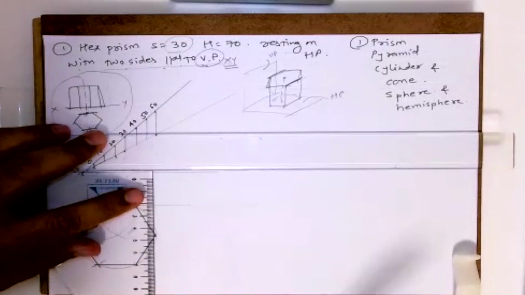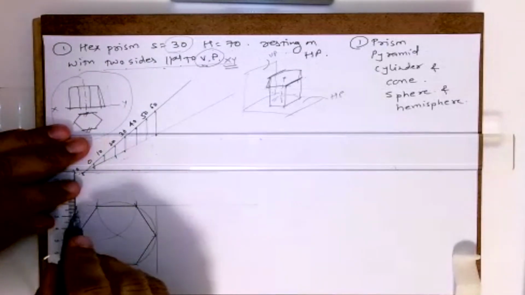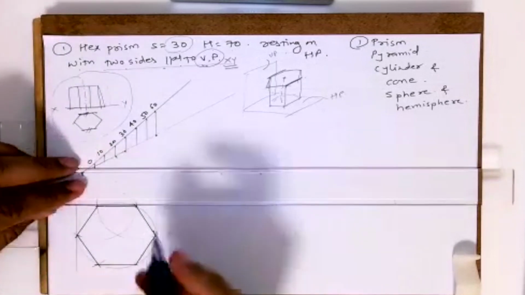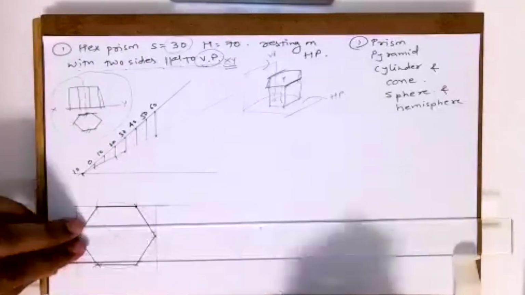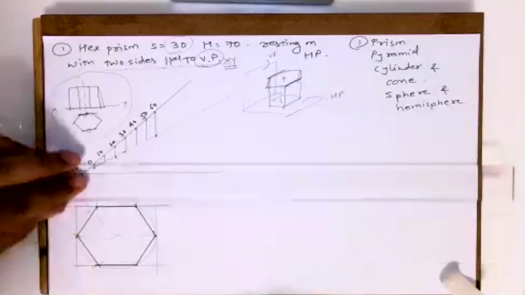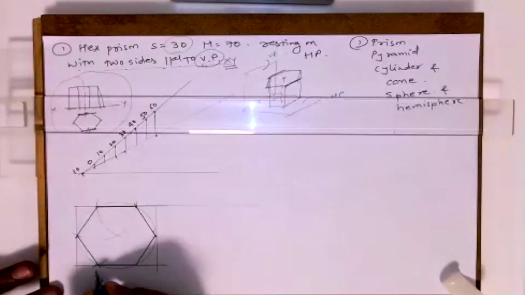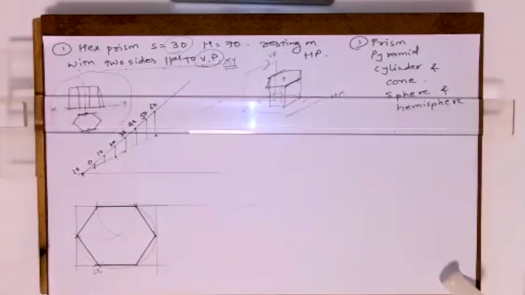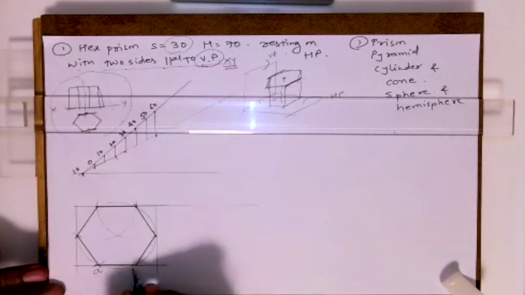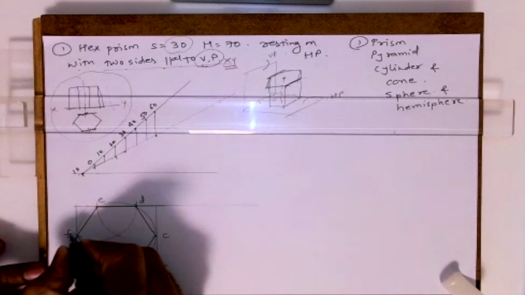Okay, so what I did, I completed hexagon. Now I'll complete. I will draw it like this. Got it? And what I will name, see, the hexagon will have naming like A, B, C, D, E, F, right?